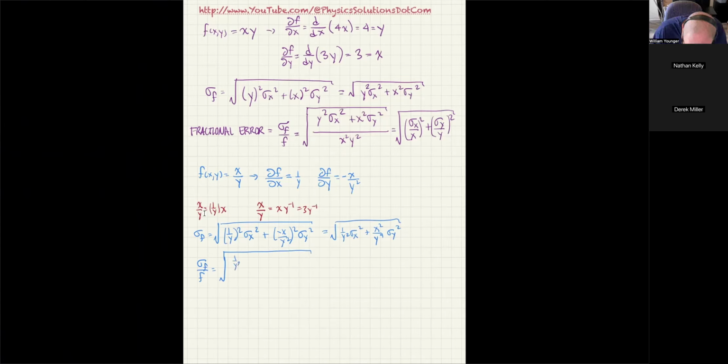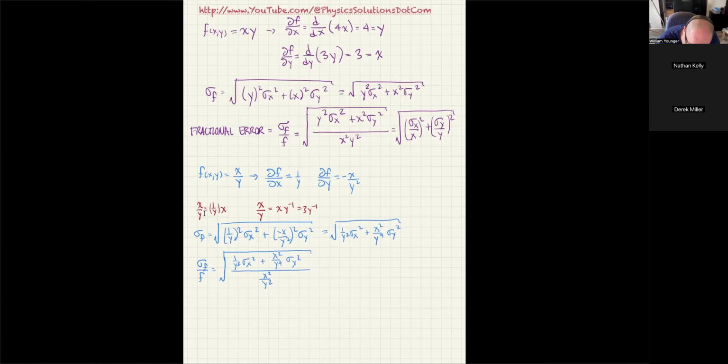That's 1 over y squared sigma x squared plus x squared over y to the fourth sigma y squared. But now I'm going to divide it by the square of the function under the square root, because to get it under the square root, we got to square it. So this is going to be over x squared over y squared.